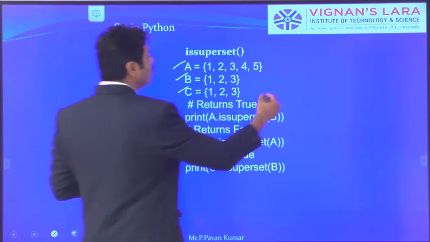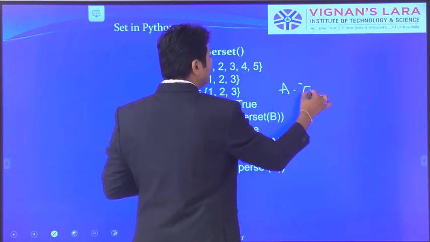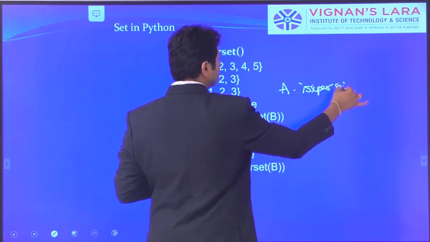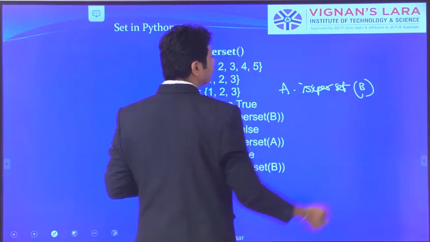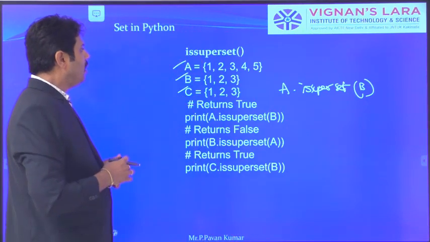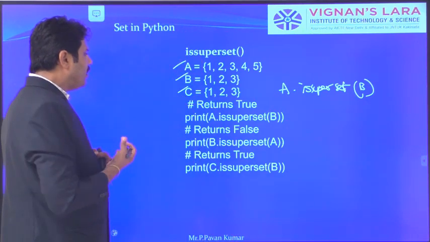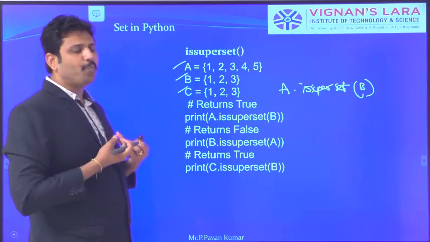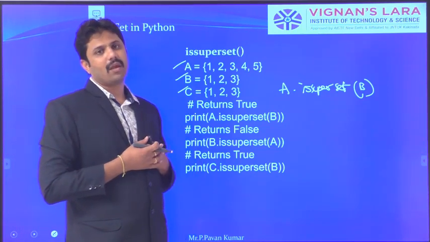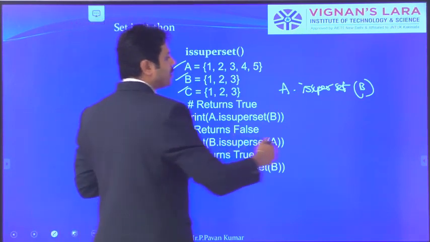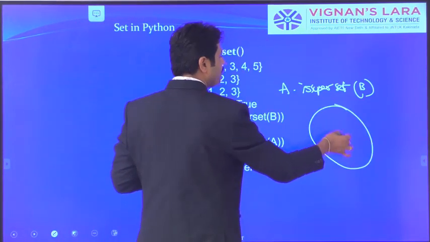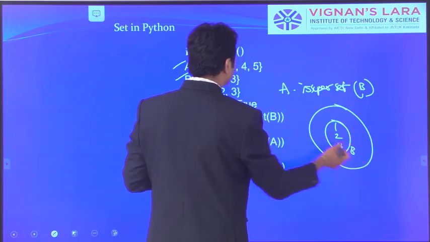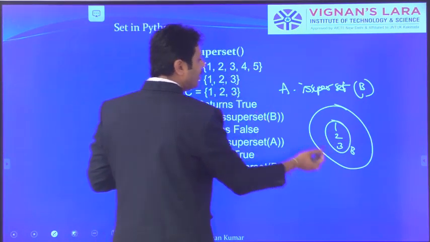Now, if I use A dot is superset of B, that means, let us see, this is B. What is B? 1, 2, 3.